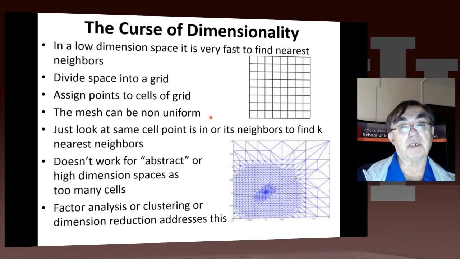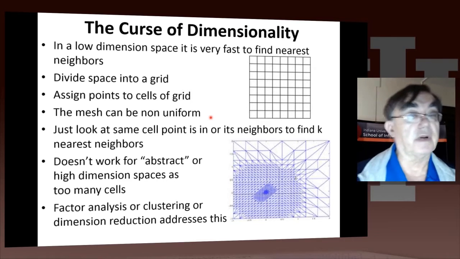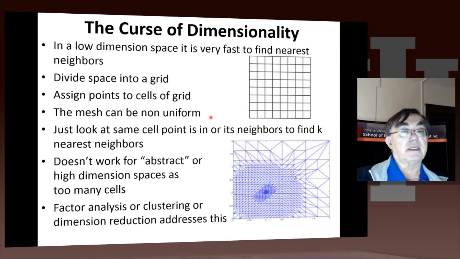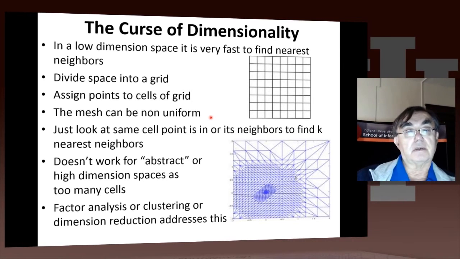If you have a dimension of 1,000, which is actually far smaller than the typical dimension we're dealing with, which is measured in millions or tens of millions, or maybe now hundreds of millions, then if you divided each dimension into 2, you would have a number of cells equal to 2 to the dimension, and that's obviously enormous. So this is a well-known feature about high-dimension spaces, and some of the algorithms which are very effective in low dimensions don't work, so we can't do that method.